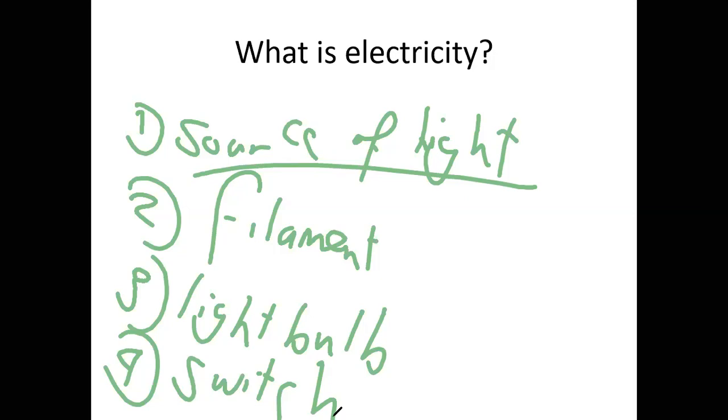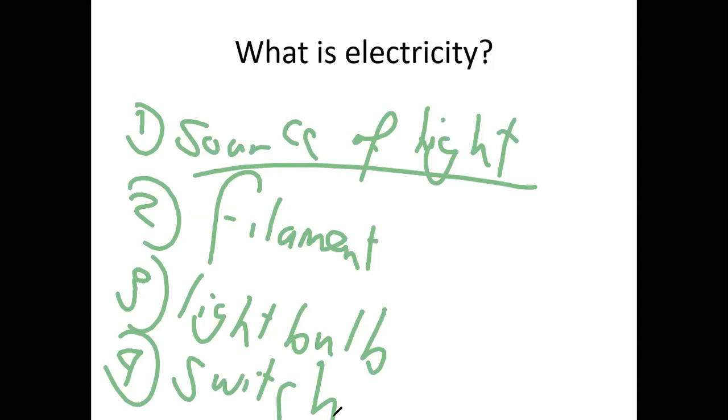So a switch is like the electricity switch in your home for the heater, for the fridge, even for light, for any device that depends on electricity. When you close the switch, you produce electricity inside your home or your device. When you switch off the device, you are opening the circuit.